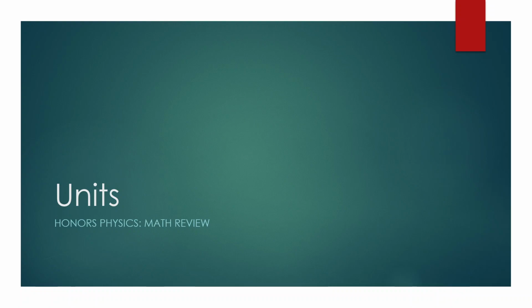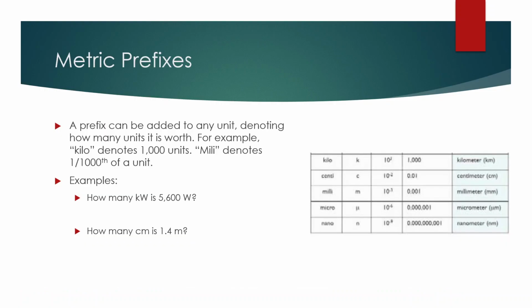As it is, I'm going to try to keep this video to just the stuff that you absolutely need to know for honors physics. Starting with the metric prefixes, I'm going to highly recommend that you memorize these prefixes: kilo, centi, milli, micro, and nano. Each one of these corresponds to an amount of units that prefix is worth, right?